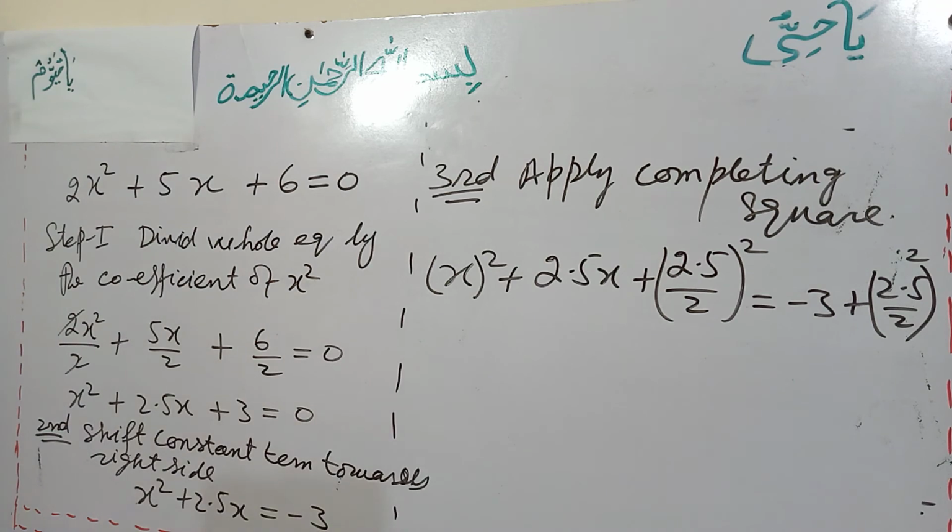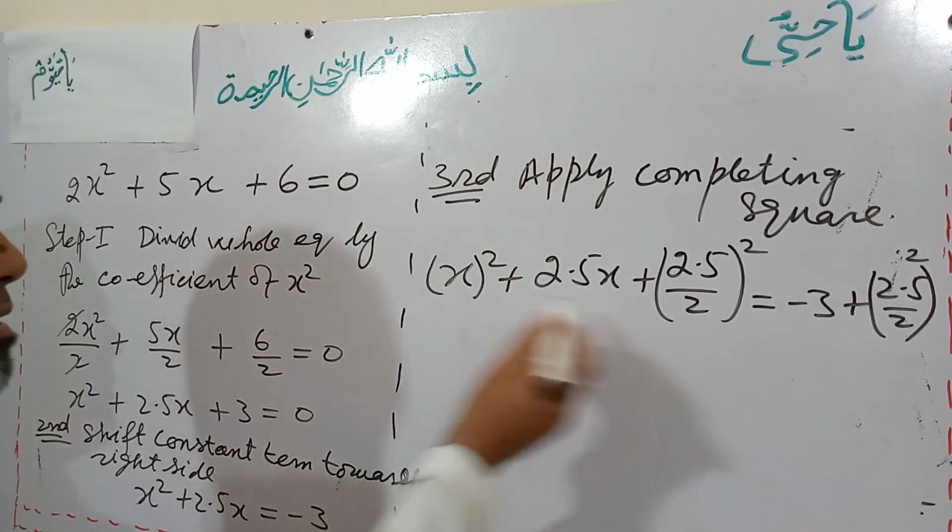This is the third step. Apply the completing square method and then you will see that this is the identity a² + 2ab + b². So write it in the form of identity.